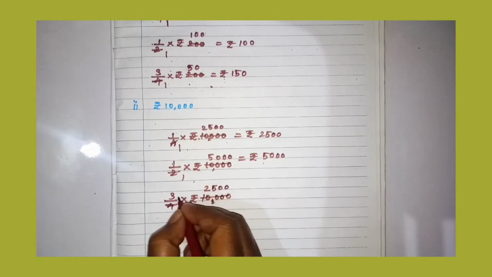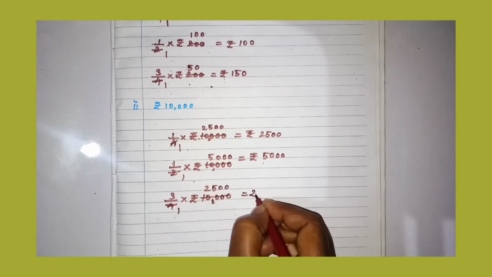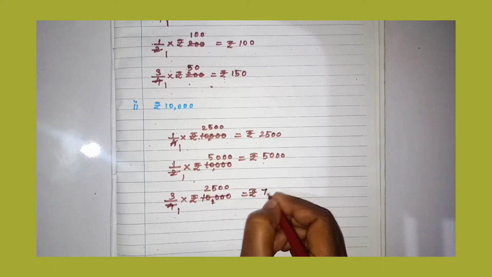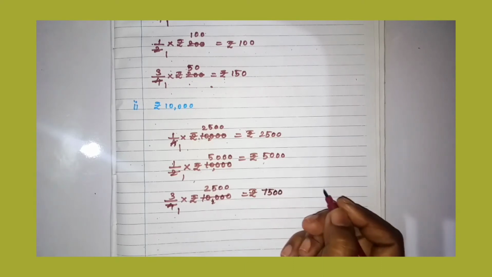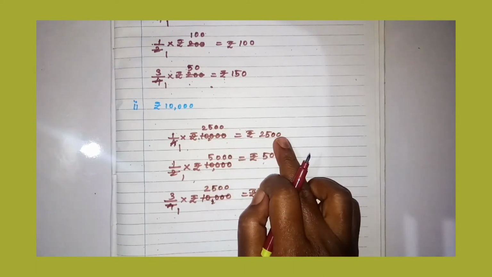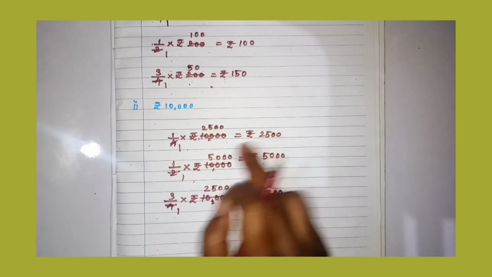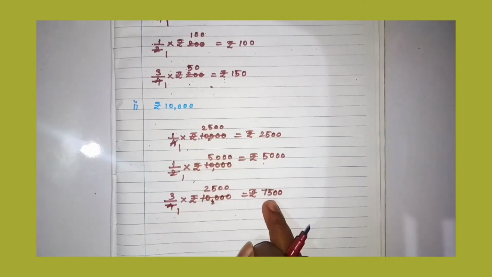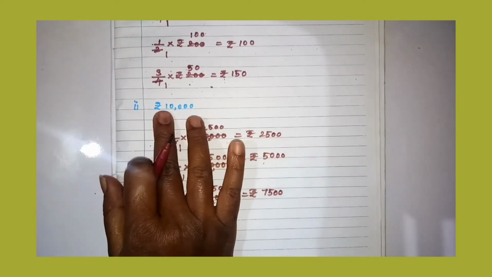So 25 into 3 means we get 7,500. So quarter part value 2,500 and half part 5,000 and then 3/4 part 7,500. So full part value is 10,000.